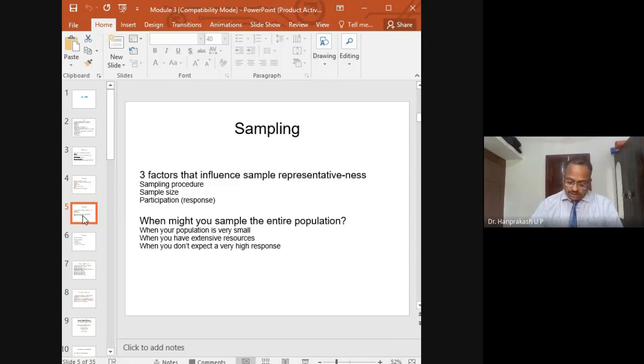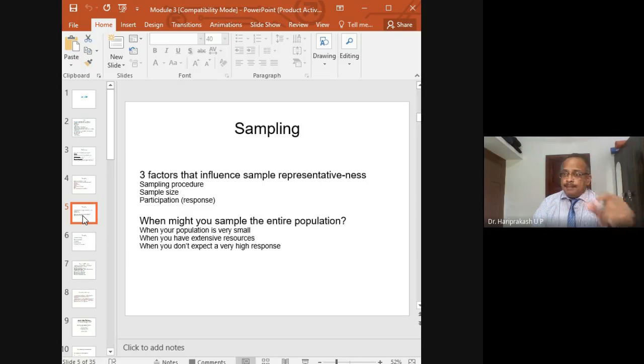I said that the sample should have all the characteristics of the population. Suppose the ratio of male and female in the population is 45 and 55. That is, 45% of the population under your study are male and 55% are female.